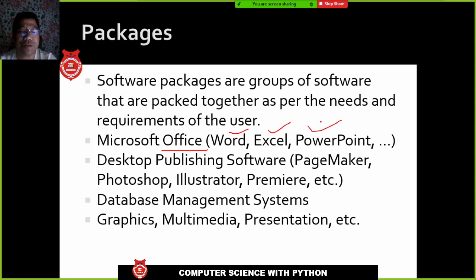It is a package of software. Like that, we have desktop publishing software like PageMaker, Photoshop for editing, Illustrator, Premiere for video editing, etc. We also have database management systems to work with databases, and also graphic cards, multimedia presentation, etc. These are the packages.